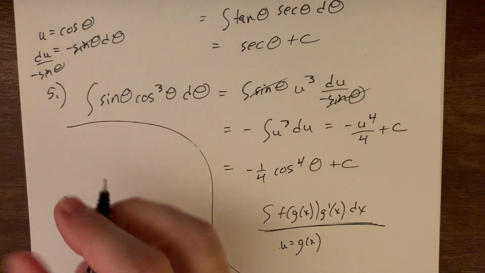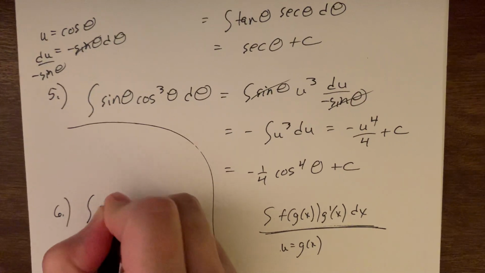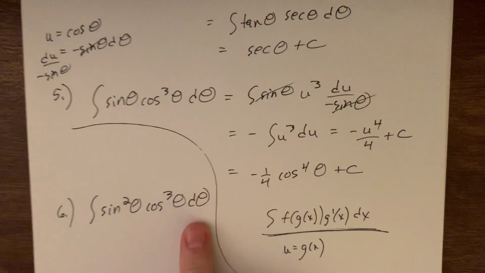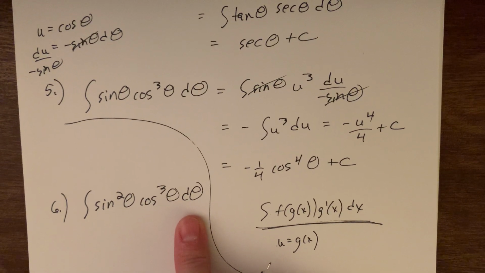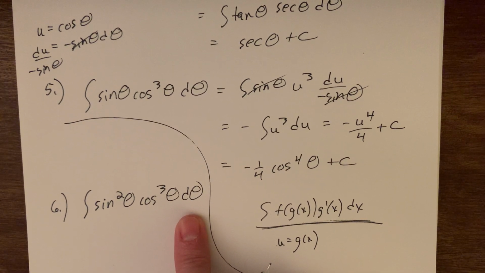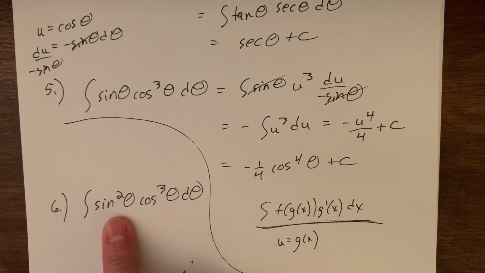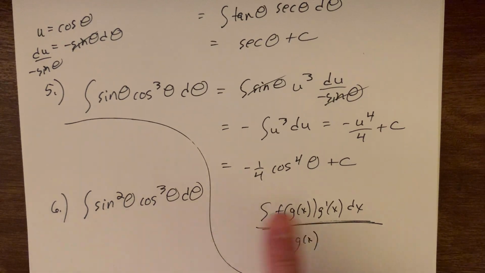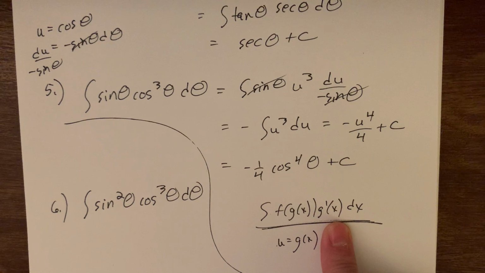But now let's take a look at number 6, and how different things are. The only thing that looks quickly different from number 5 to number 6 is that now sine is also squared. But now we don't have that perfect scenario anymore.